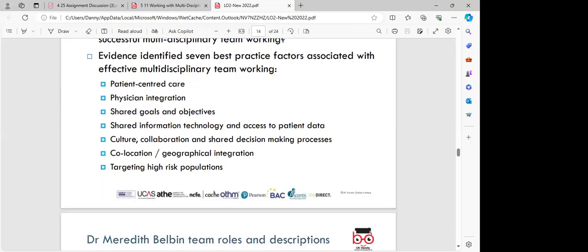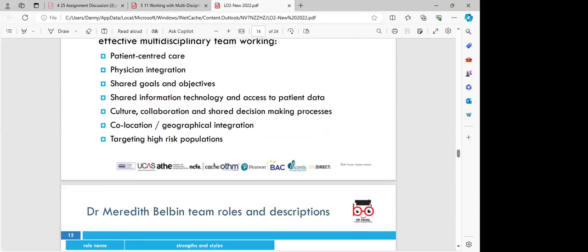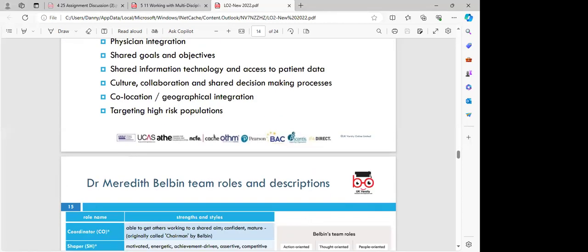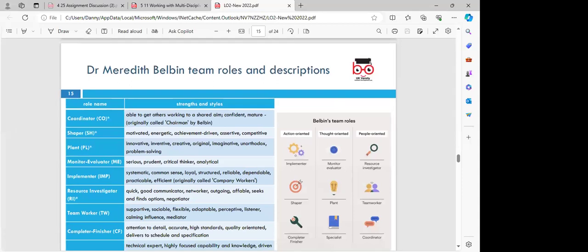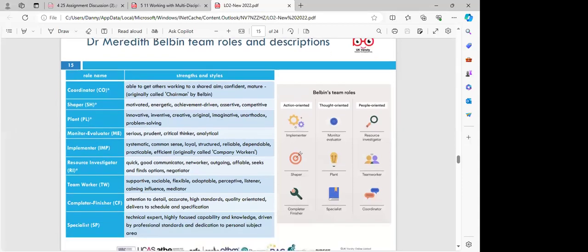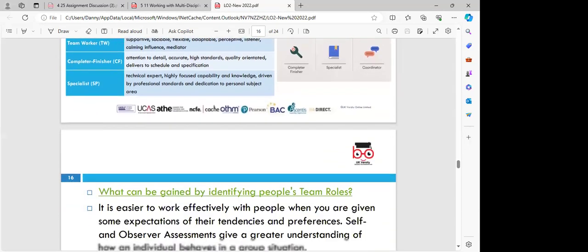I believe, as stated here, patient-centered care, very important, physician integration, shared goals and objectives, shared information technology and access to patient data, culture of collaboration and shared decision-making processes, co-location, geographical integration, targeting high-risk populations. And so you can read about Dr. Meredith Belbin's team goals and descriptions, okay? You can read about that, where it talks about coordination, shaper, plans, the strengths and styles. So you can read about that in your module.